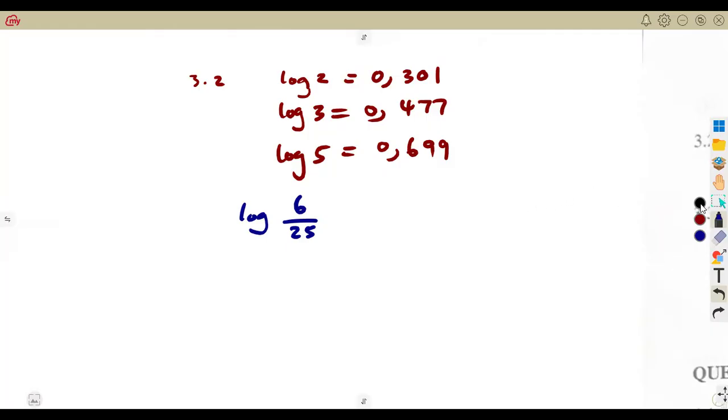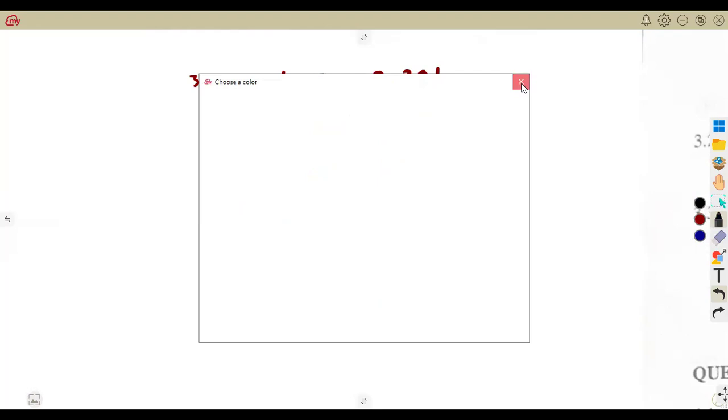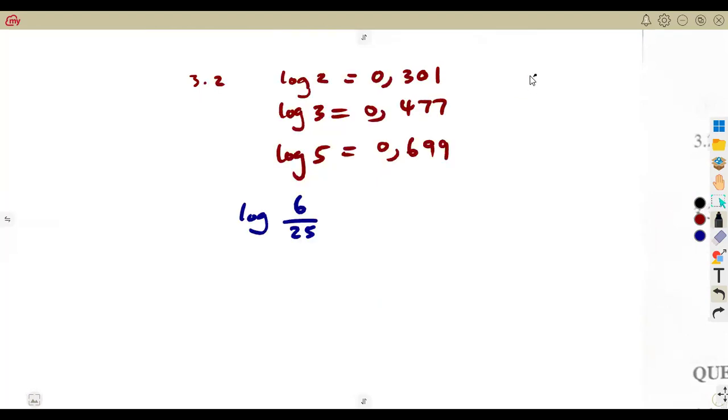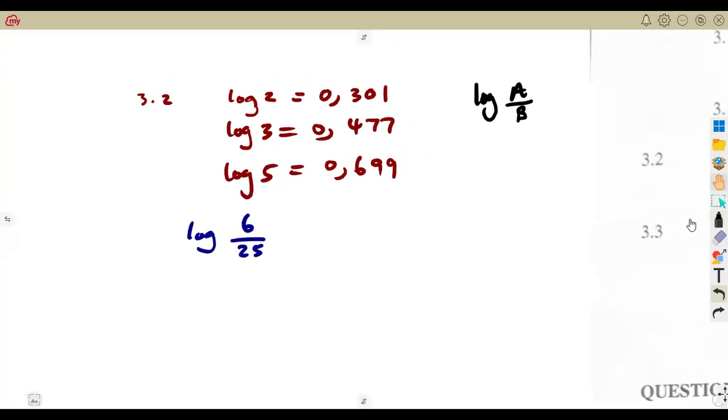Using the laws, our laws state on a division of numbers, when we have a log like this, log A over B, it means the logarithms were being subtracted before. The logarithm of A minus the logarithm of B. That was our case. That is what it means.